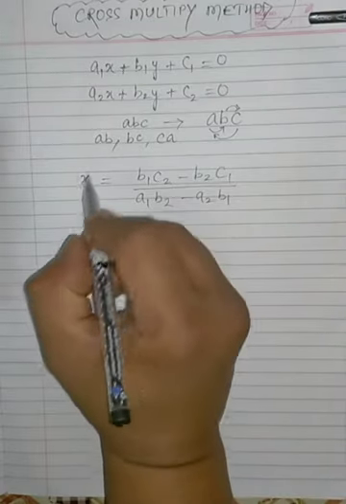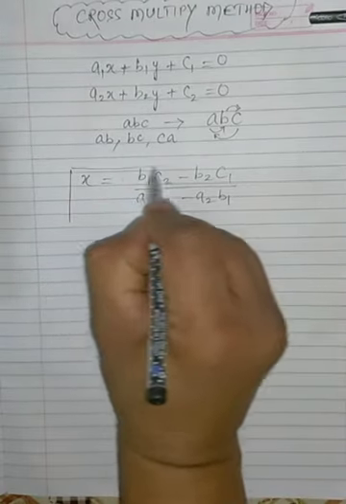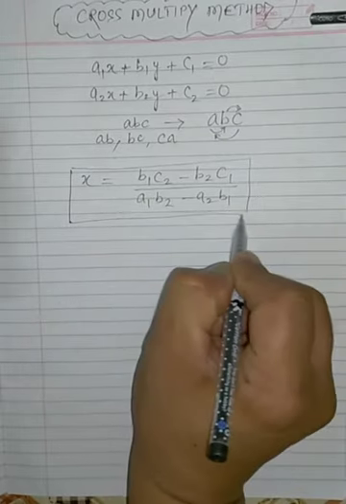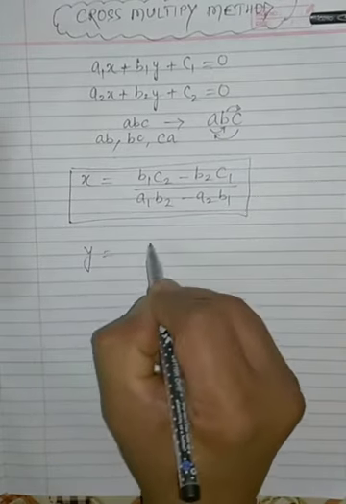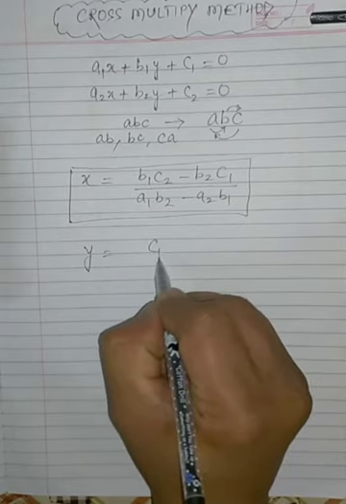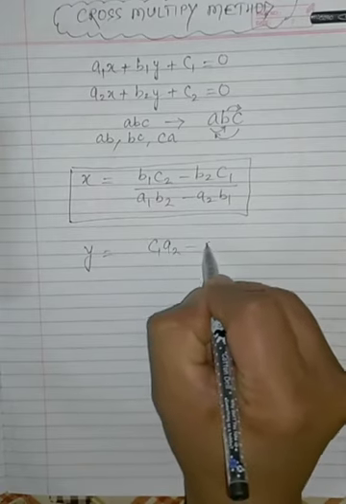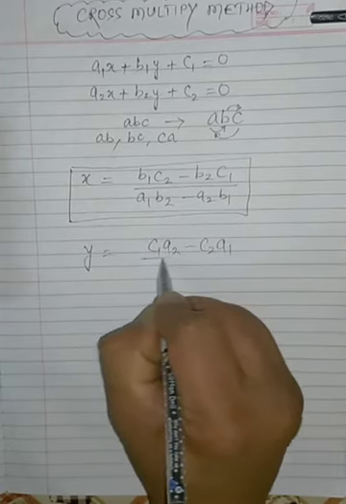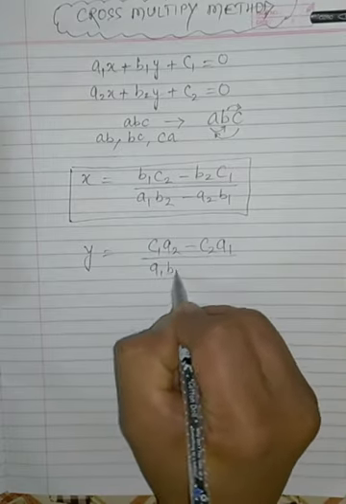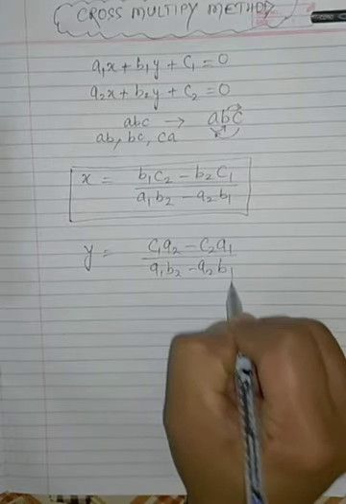Similarly for y, the formula is c1a2 minus c2a1 upon a1b2 minus a2b1.